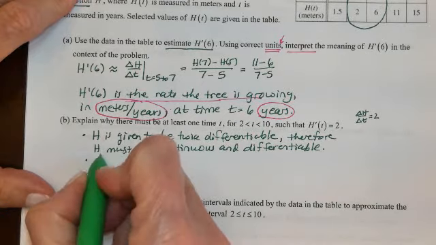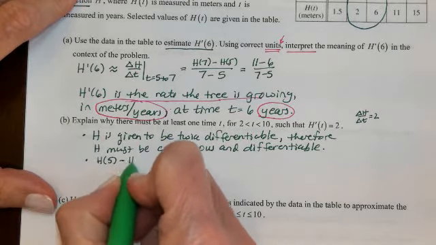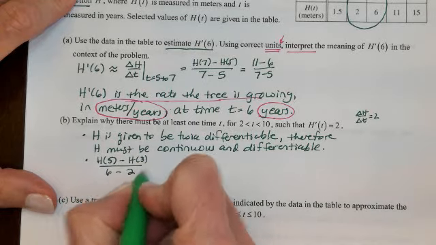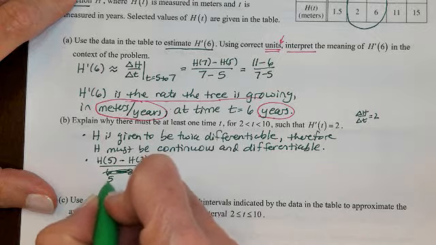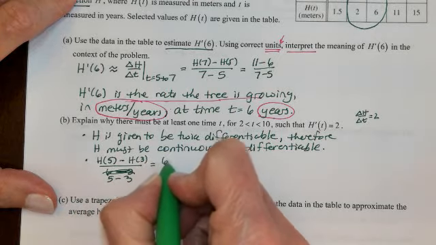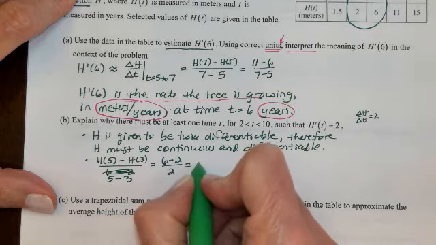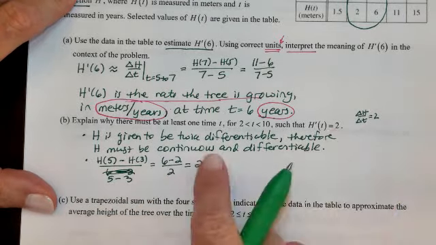I'm going to say h of 5 minus h of 3 over 5 minus 3 is equal to 6 minus 2 over 2, and that is 2. I need to say that because those need to match, right?